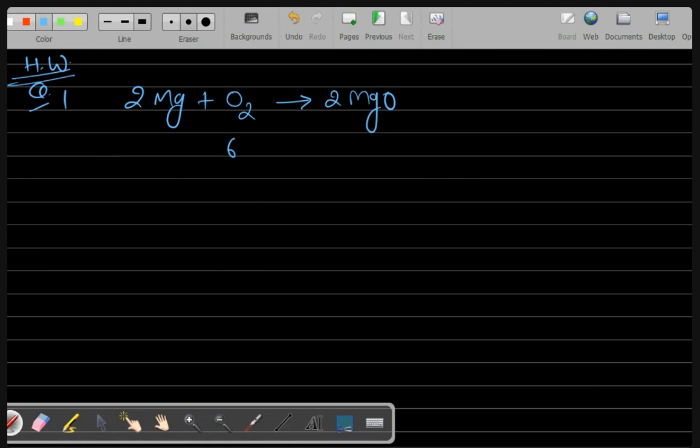So I am taking 6 gram of oxygen. How much magnesium oxide will be produced? Okay. So Ar for oxygen is 16, Ar for magnesium is 24.